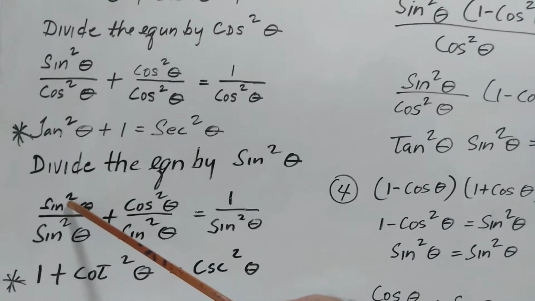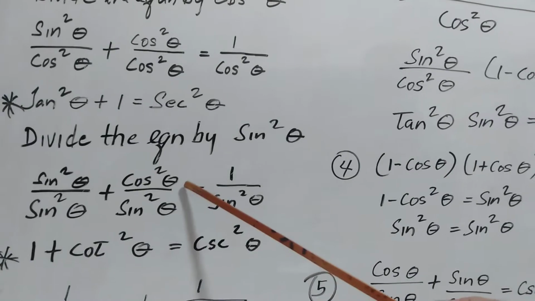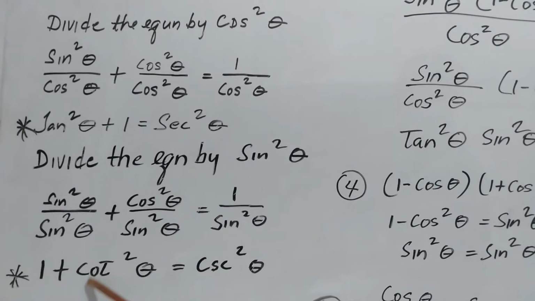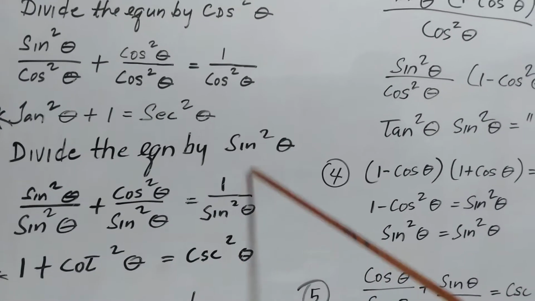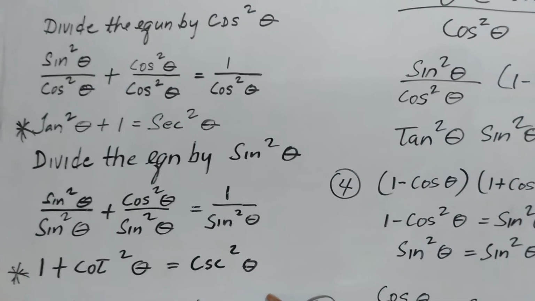Sine squared theta over sine squared theta is equal to 1. Cosine squared theta over sine squared theta is equal to cotangent squared theta. And 1 over sine squared theta is equal to cosecant squared theta.